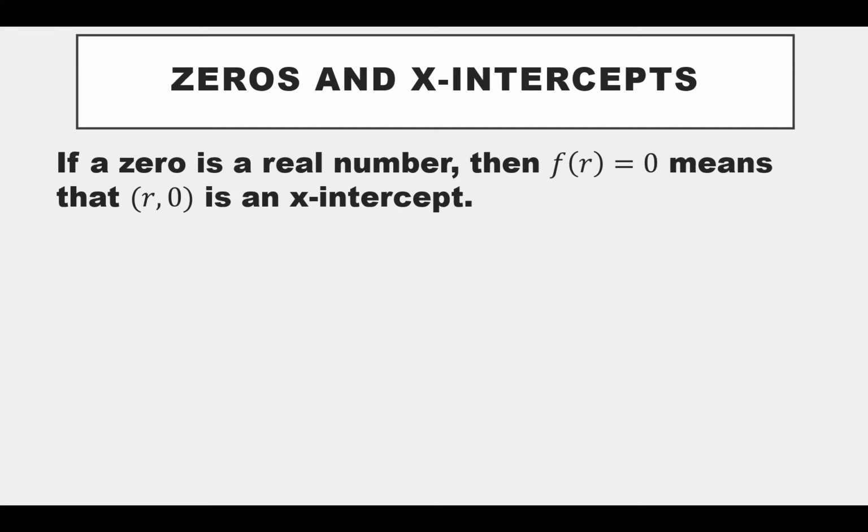So when our zeros are real numbers, then they yield x-intercepts. Notice that this implies that some zeros may not be real numbers, and therefore they may be complex or imaginary.